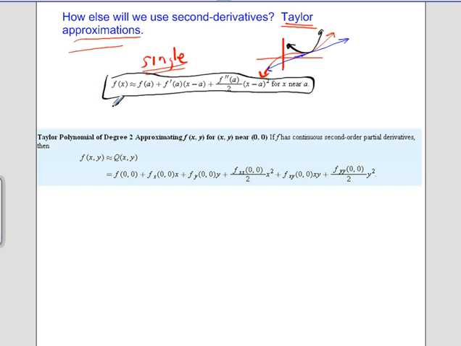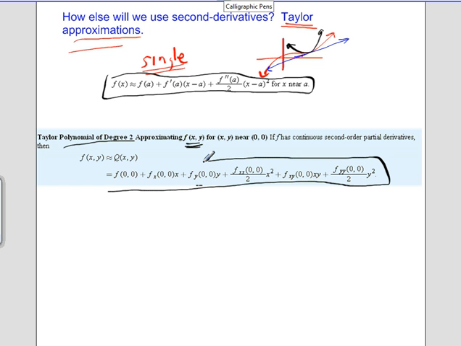The analogous equation for Taylor polynomials of degree 2 approximating f of xy is as follows. And this is around the point 0, 0. So notice we've got what z equals at 0, 0, plus the first partial derivative with respect to x at 0, 0 times x, plus the partial with respect to y at 0, 0 times y.